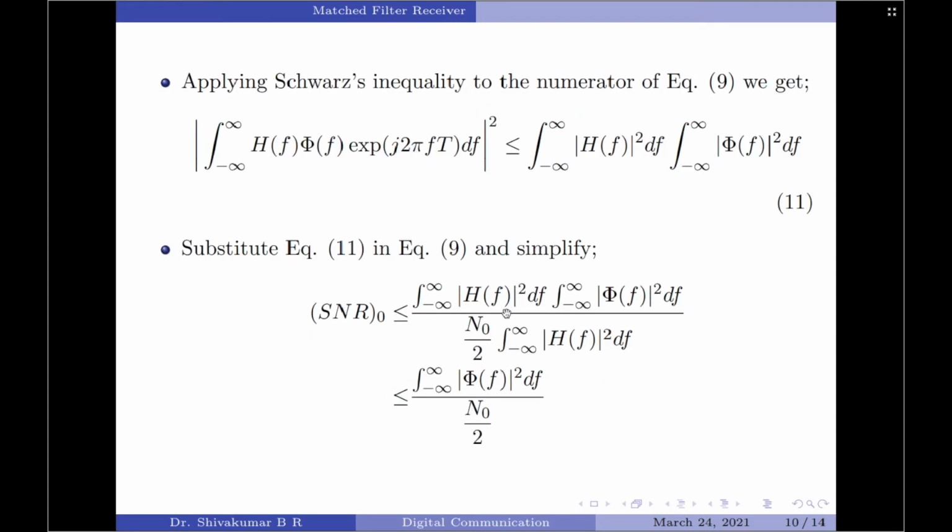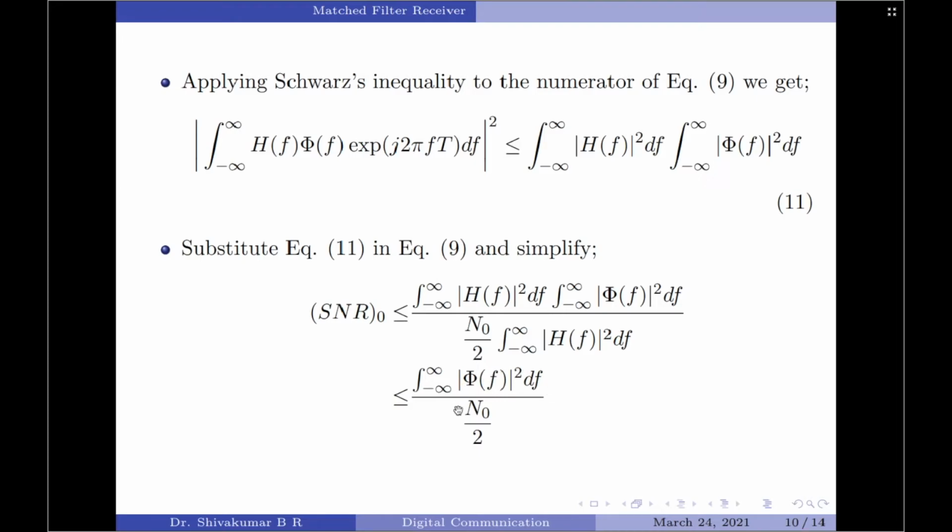Now, we note in the numerator and denominator that we have a common term, that is integral minus infinity to plus infinity magnitude square of h of f df, which is common in both the numerator as well as the denominator. So let us cancel them out, and the remaining equation would be: SNR output is less than or equal to the numerator part, integral minus infinity to plus infinity magnitude square of phi of f, divided by the power spectral density of the input noise, which is n0 by 2.